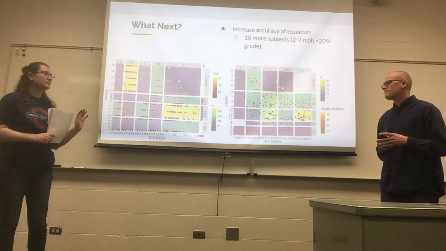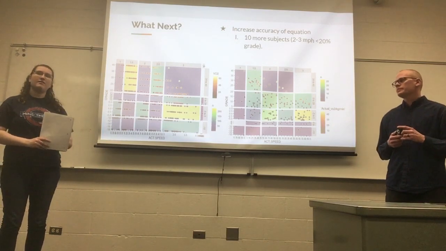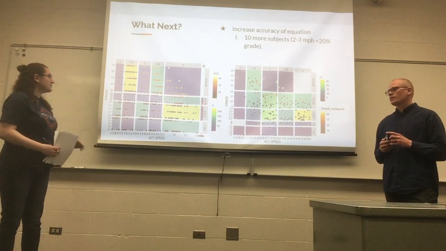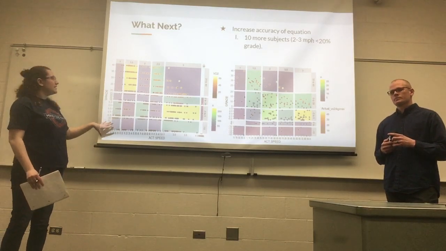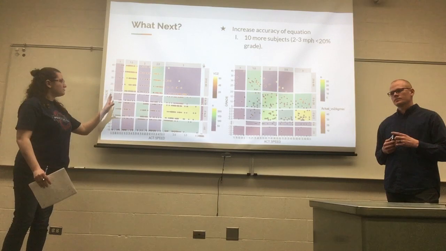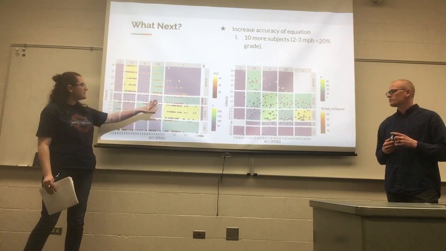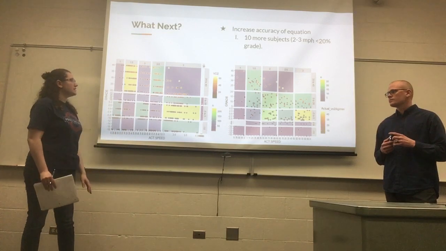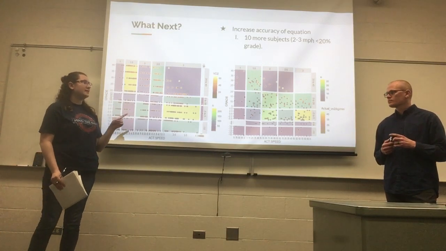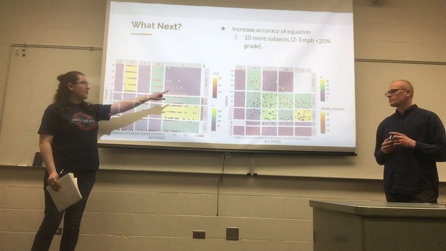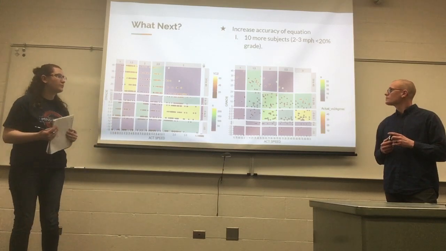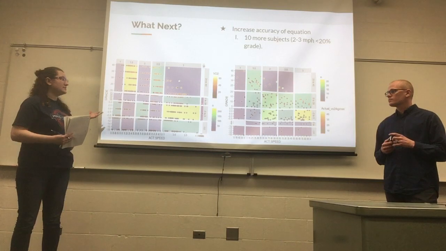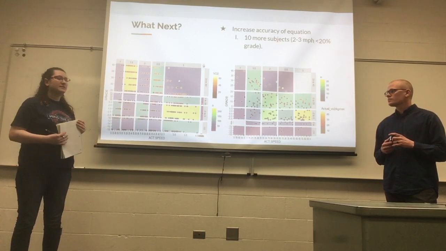These graphs represent the spread of data that is taken into account in our equation. This is the training data, and as you can see, there is a fair spread, although there is some missing here, where it is still represented in the whole equation. However, in the validation data, you can see that the square on the far right is empty, and so the data is not fairly represented throughout the entire spread.